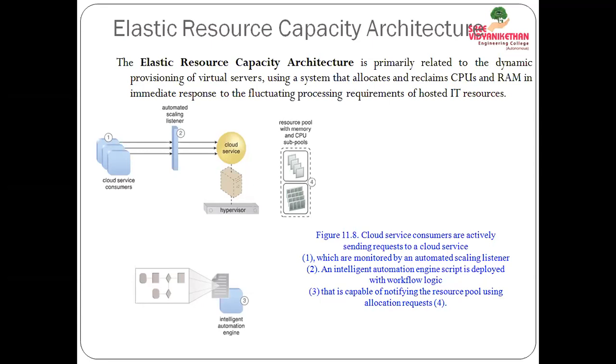But in elastic resource capacity, whether the services are more or less, I don't mind. But I am supposed to provide this much resources, and hence I will be providing it. And accordingly, if I am supposed to provide a little bit of elasticity, then I'll be providing that. That is it. You got it?